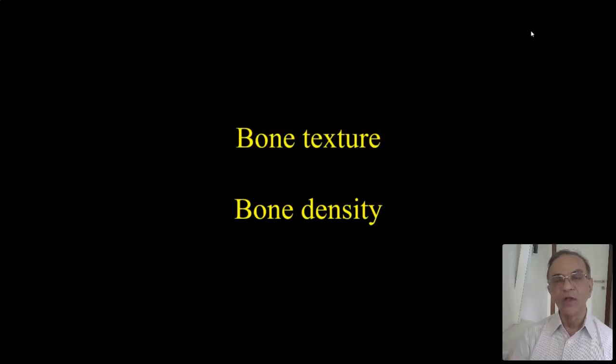It is either normal or more. But there are a group of skeletal dysplasias which are characterized by less than normal bone density. We'll see examples of that. And they are easy to pick up because they are uncommon, and the presentation of decreased bone density is classical of a few diseases. Okay, so many words here, but remember these two words: texture and density.